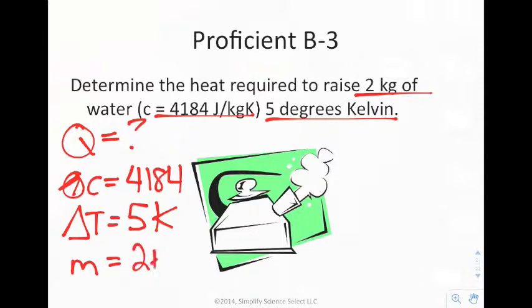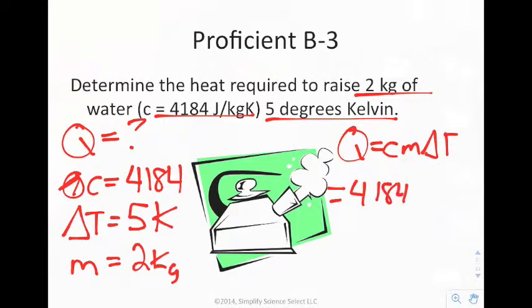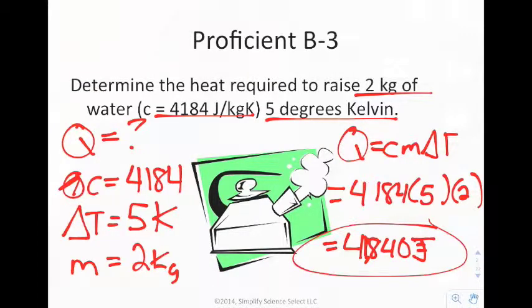The mass is 2 kilograms. And as a result, you can say Q equals Cm delta T. When you plug in, you get 4184 times 5 times 2. 5 times 2 is 10, so you end up getting 41,840 joules of energy required to do this.